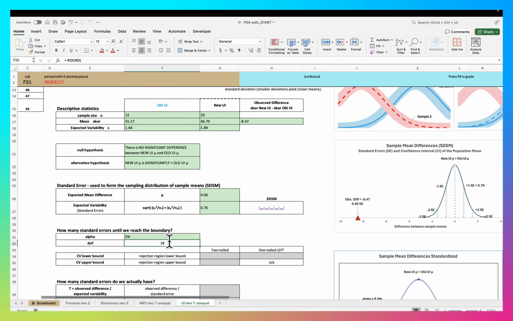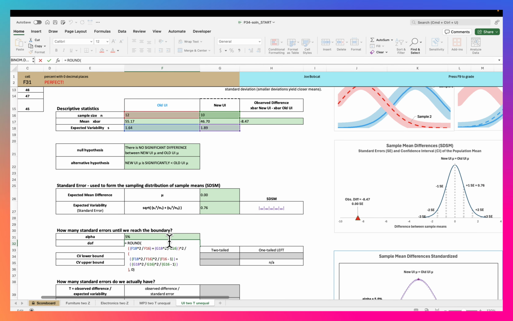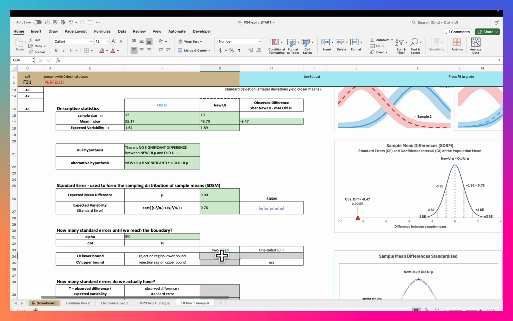Degrees of freedom, remember, you can see the calculation if you want to, but we're giving that to you.